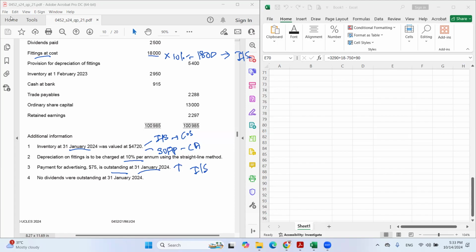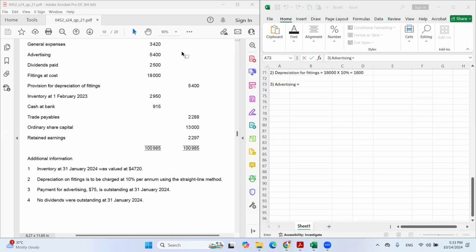Okay. So I do the calculation here first for all the items. For number 2, the depreciation for fitting is 18,000 times 10% equals 1,008. So this one will be under the income statement. And then number 3, to calculate your income statement amount for the advertising, you take the amount paid, which is advertising 5,004.